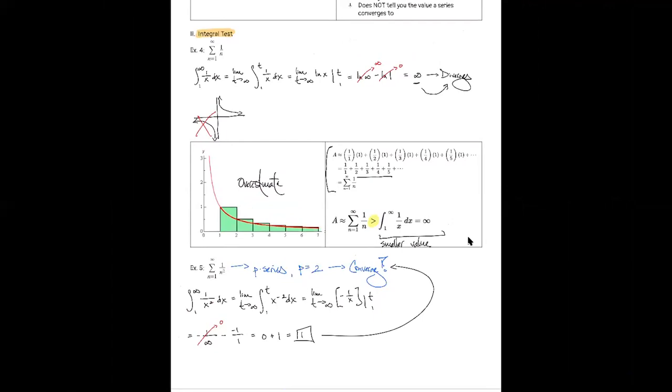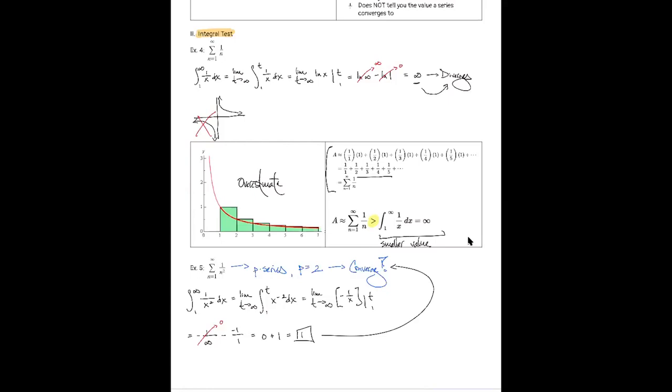I found that it went to infinity, and that diverged. Therefore, I knew that my infinite series also diverged. So whatever the improper integral does, the infinite series also does. And then when we look at example 5, when we took the improper integral, that converged, which matches with what we knew walking into this problem, that the infinite series converges.